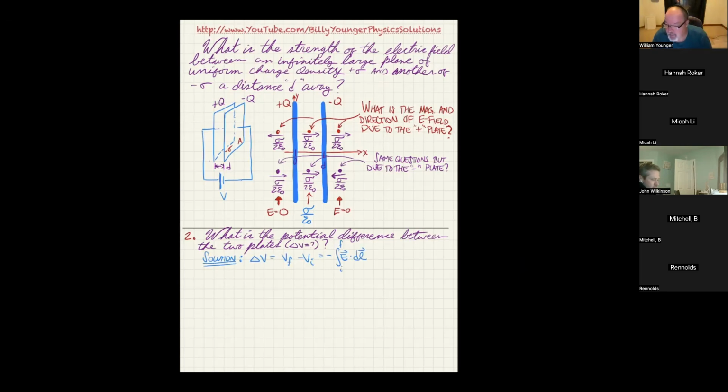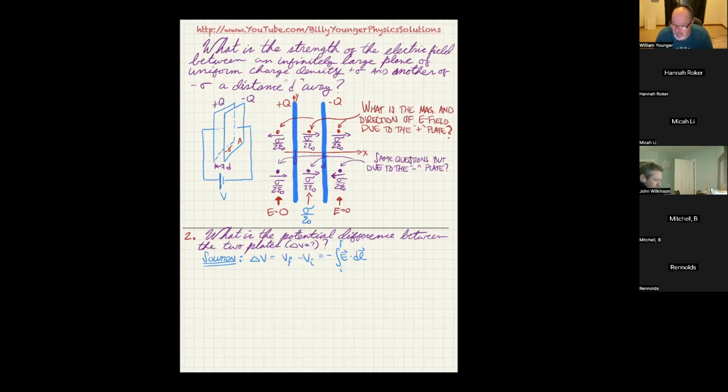Specifically, we either have to use dl. So this is a sentence that you have to have somewhere so you guys can understand this, and you need to put it in your own words. You're going to choose to integrate from one plate to the other in a very specific direction. Because of that, you have to make sure your integral shows that you're integrating in that particular direction.